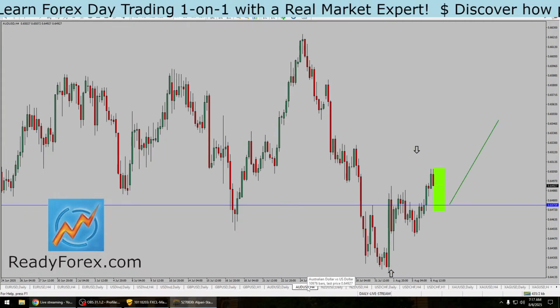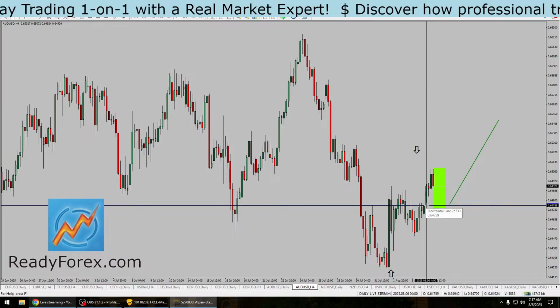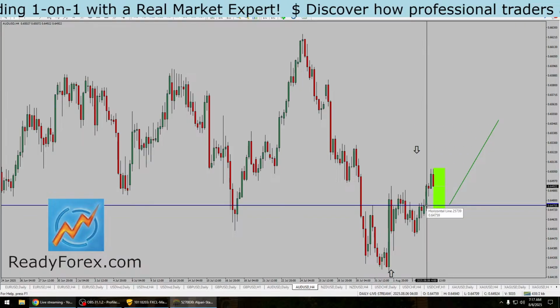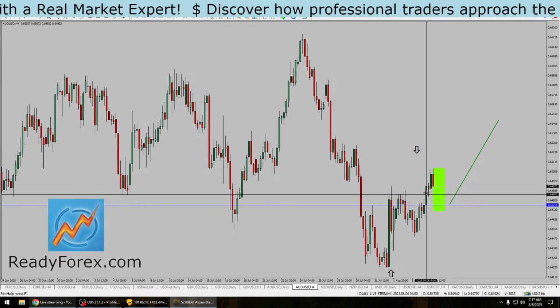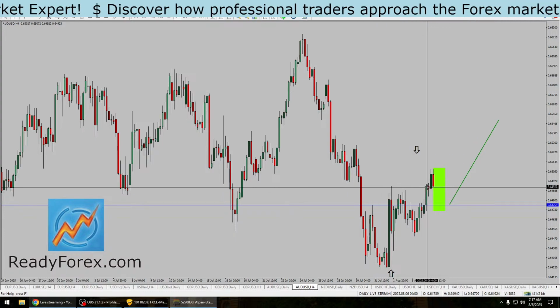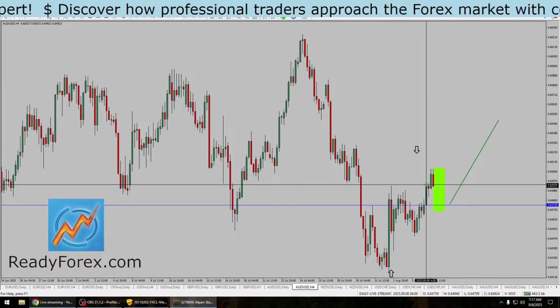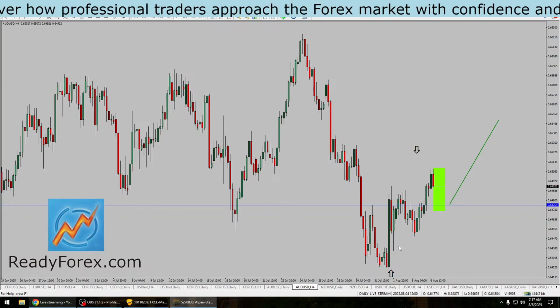So the Aussie dollar, the way I see it, the market is going to rise up more. Earlier today when I did the Asian market session, the 4-hour chart showed a bullish candlestick pattern over here, which suggested that the market wants to go up more.